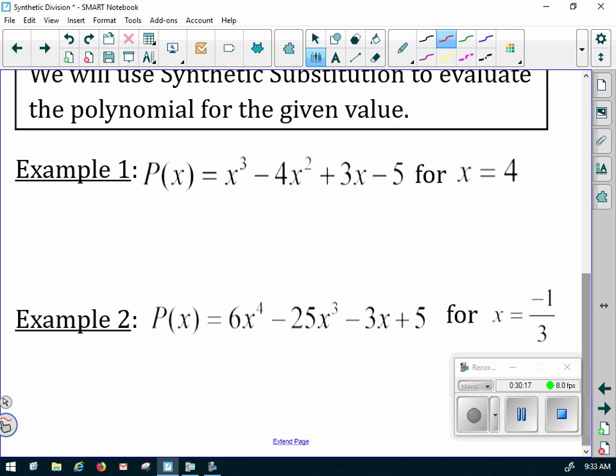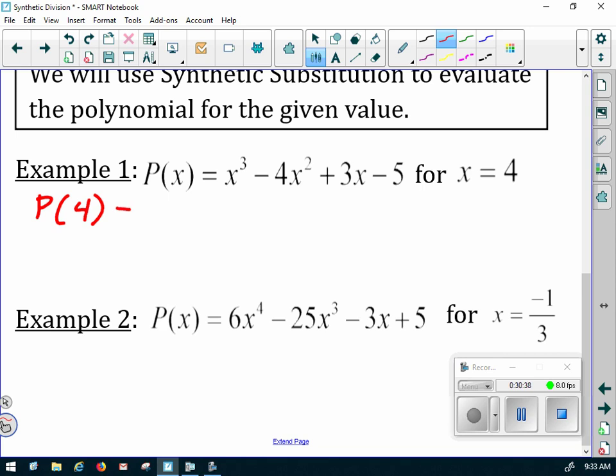Now, you've got some room. We're going to do this problem 2 ways, okay? 2 ways, you hear me? We're going to evaluate P of 4. So we're going to figure out when X is 4, what is P of 4?